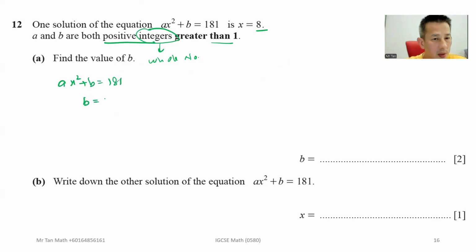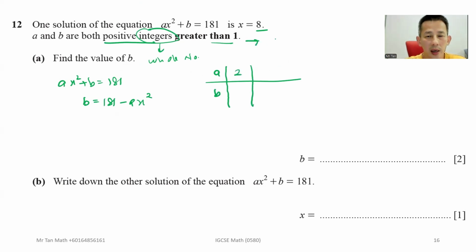Therefore, your b should equal 181 minus ax squared. Just now we said a should be 2, 3, 4, and so on, positive and greater than 1. Just try 2, 3, 4, for example.